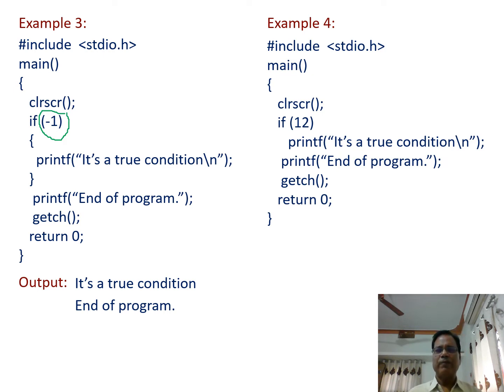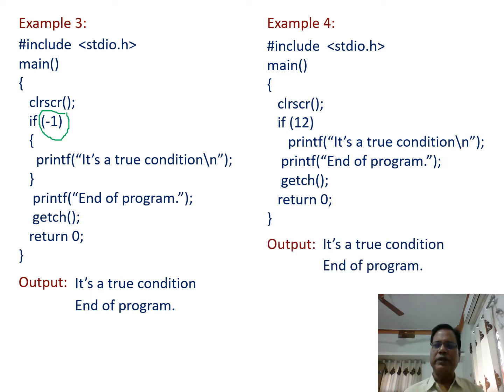So in this way, we see in this example that if there is non-zero value, condition is true, and if only one statement is there, there is no need of including the statement within the open and close brace. So when program is executed, we get the output like this one. It's a true condition, end of program.